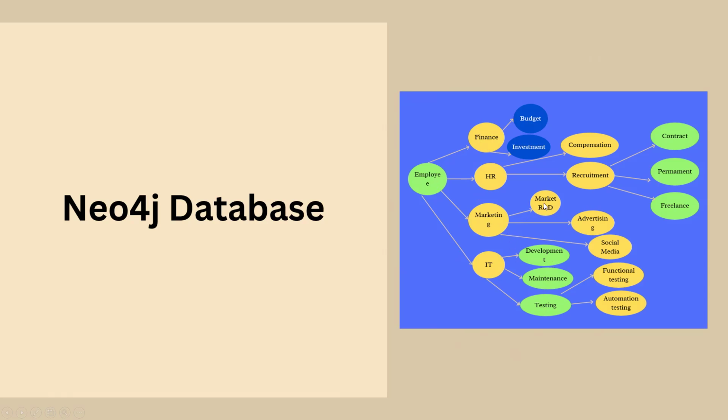Marketing can be market R&D, advertisement, social media. HR can be in compensation or recruitment. Then we have finance, where some teams will be handling the budget and investment. In this way, it's a graph-like structure where there are nodes or entities. You can see here these are the nodes, and these arrows are showing the relationships between them. So this is the structure of a Neo4j database.